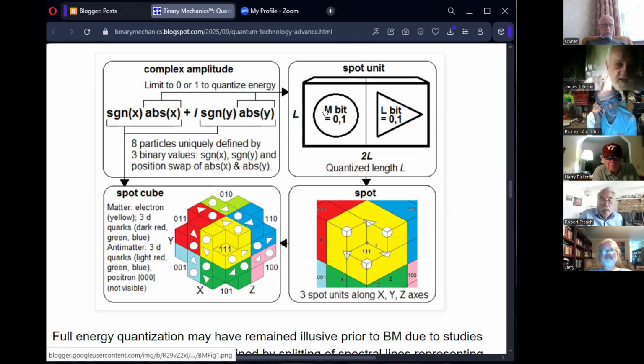This is the bit that defines color and electric charge, and this is the bit that defines momentum and direction. Okay, so not to be confused with mass and length. Exactly.